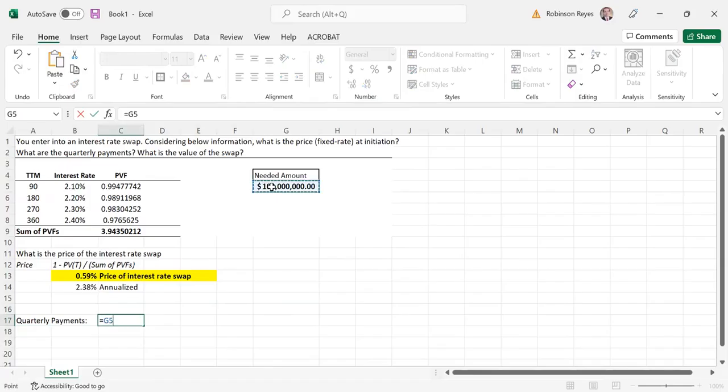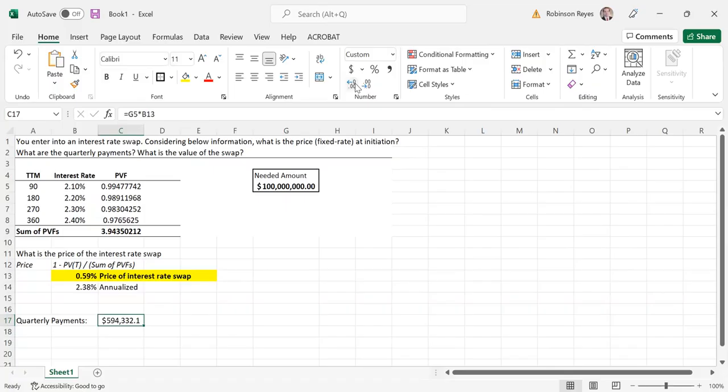Well, we're exchanging $100 million. And then we're going to multiply, and we can do it the long way or the short way. We can simply multiply this by the price of interest rate swap quarterly. And there we go. That's the quarterly payment. It's quite straightforward, right?